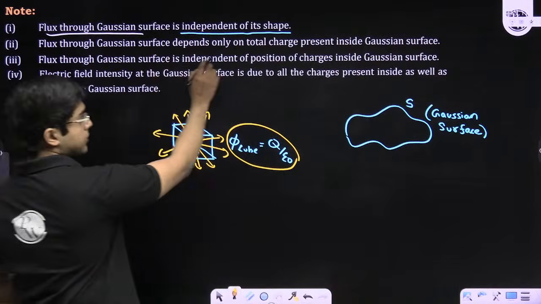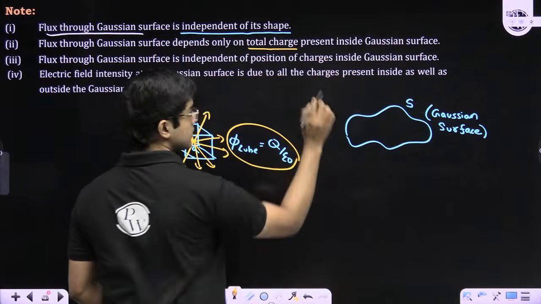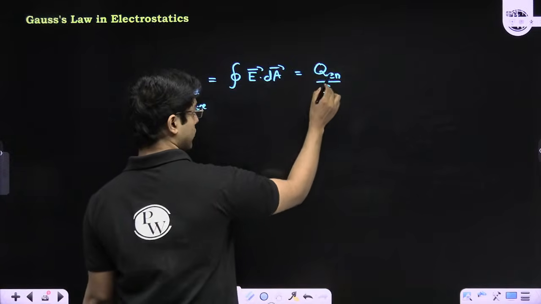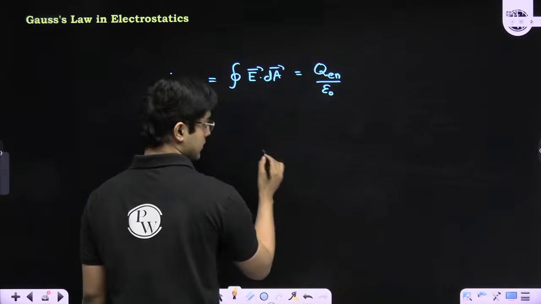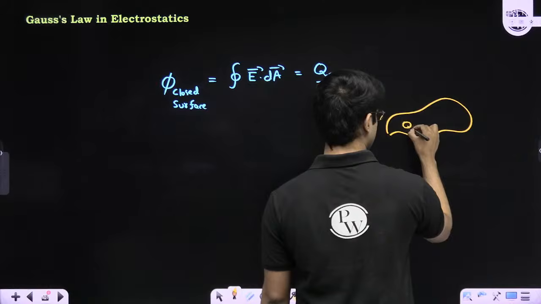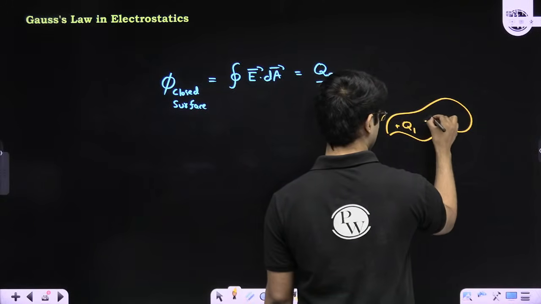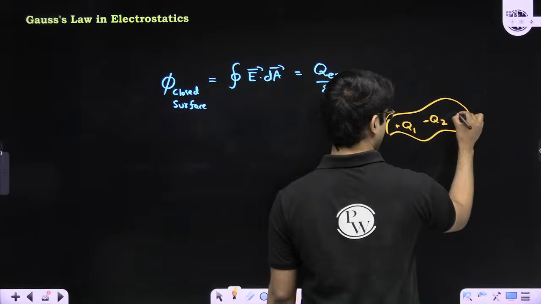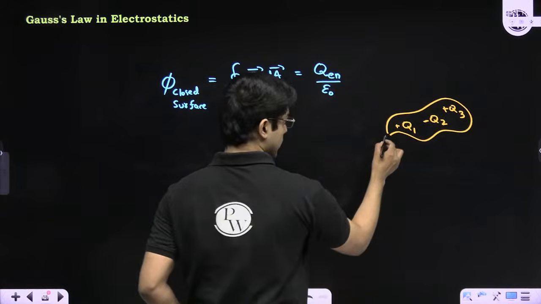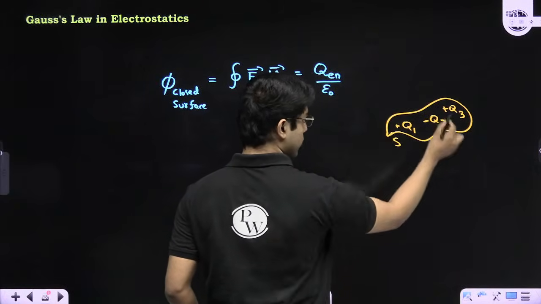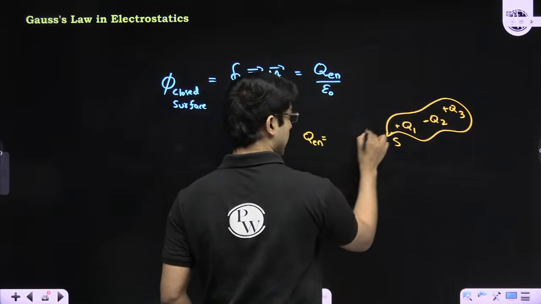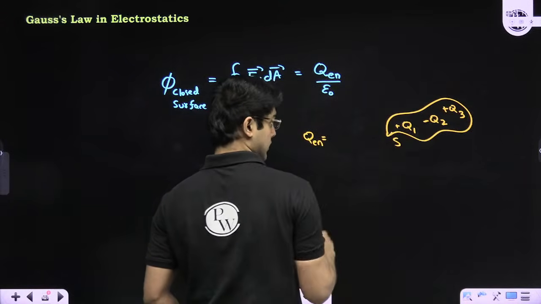Flux through the Gaussian surface depends only on the total charge present inside the Gaussian surface, which is basically the right hand side of Gauss law. Q enclosed, once again I'll just clear that. So if this is our Gaussian surface and inside we have a plus Q1 charge, a minus Q2 charge which is negative, and a plus Q3 charge as well, then Q enclosed will be the algebraic sum of the net charge inside.